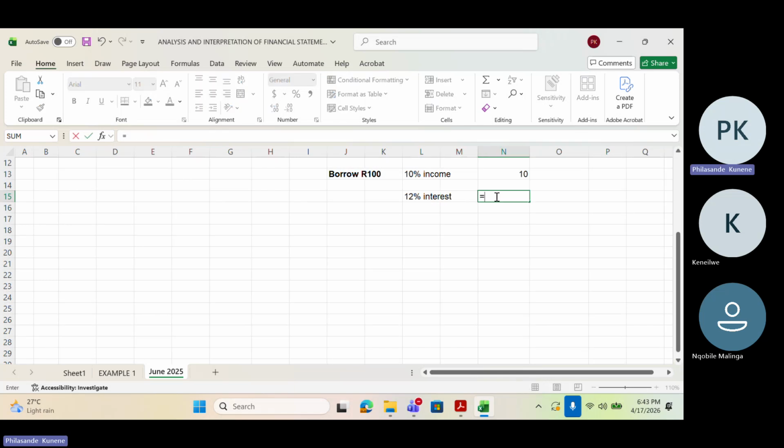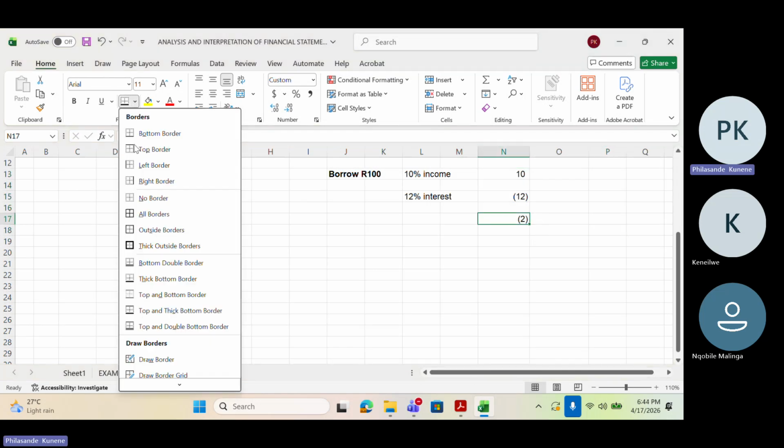So 100 times 12%, you see now that you're paying more than what you're generating. You're generating 10 rand, but you're paying 12 rand as interest. You're making a loss of 2 rand. So it's not a good thing for a business.